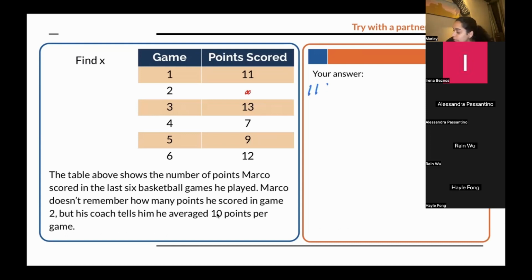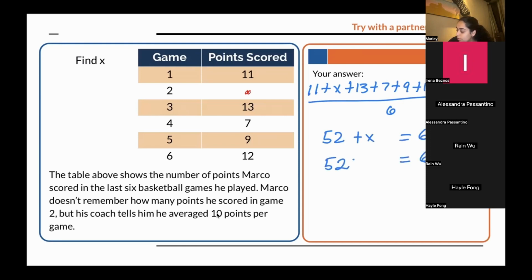It's 11 plus X plus 13 plus 7 plus 9 plus 12, all divided by 6 equals 10. If we add all those numbers up, we get 52 plus X equals 6 times 10, which is 60. And so we get X is 8.